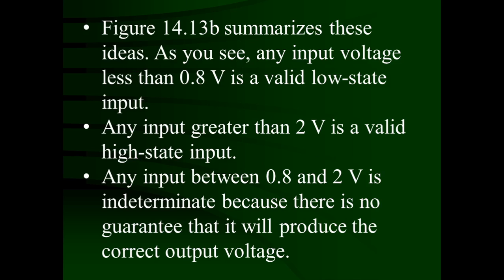As you see, any input voltage less than 0.8 volt is a valid low state input. Any input greater than 2 volt is a valid high state input. Any input between 0.8 and 2 volt is indeterminate because there is no guarantee that it will produce the correct output voltage.